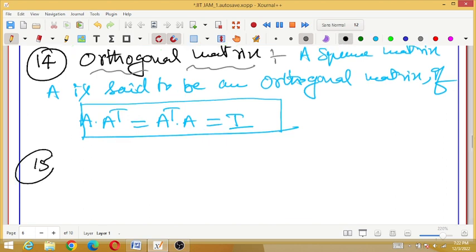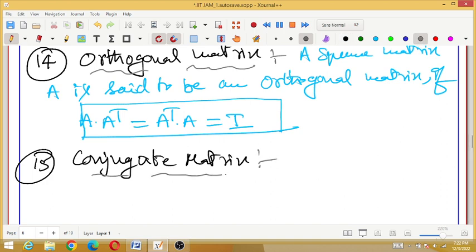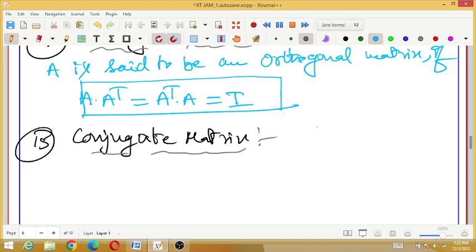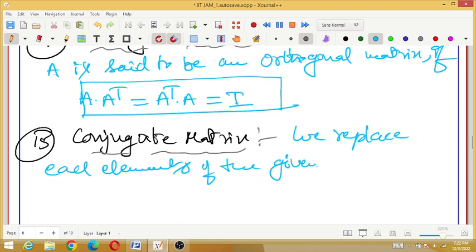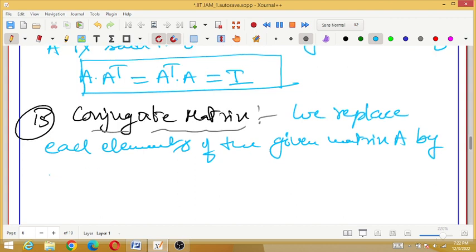Next one, 15th one, conjugate matrix. Conjugate matrix is nothing but, see here, we replace each element of the given matrix A by its complex conjugate.